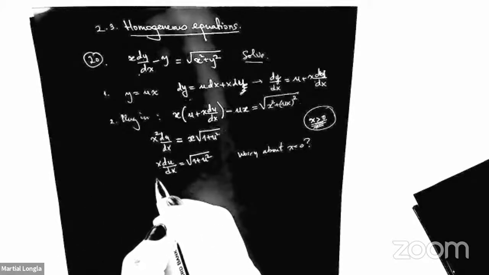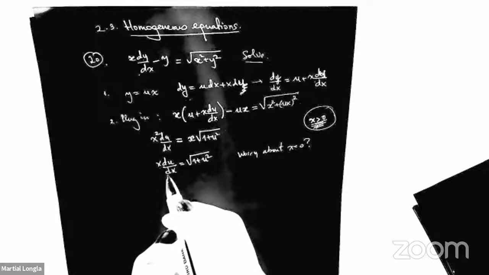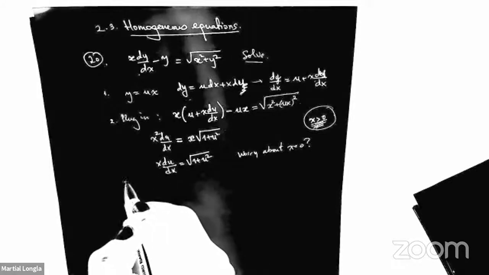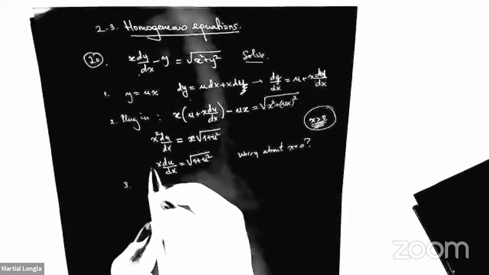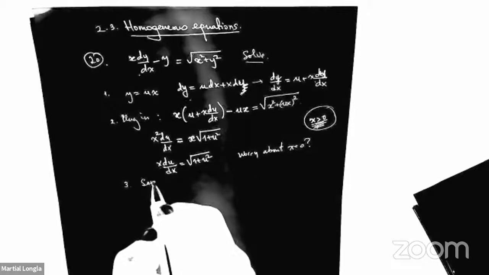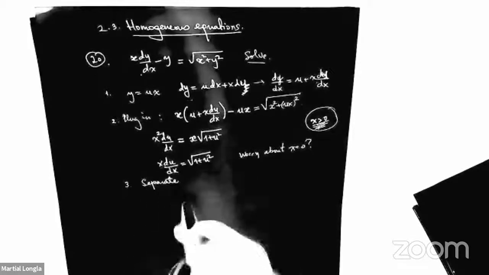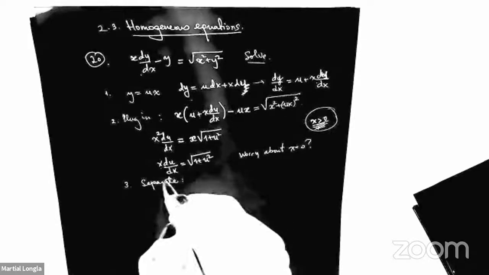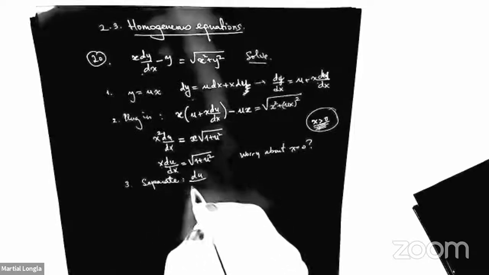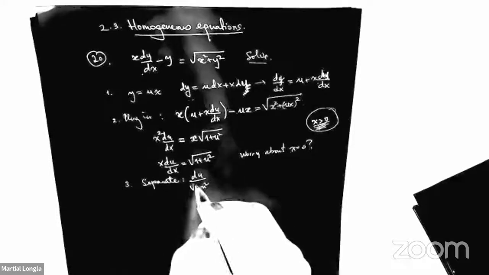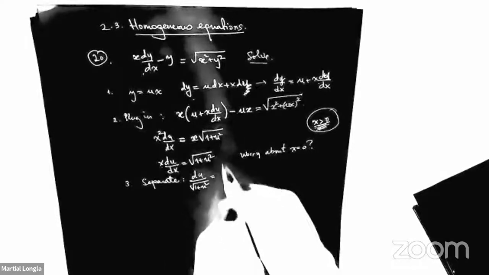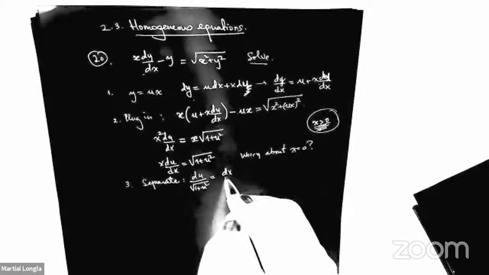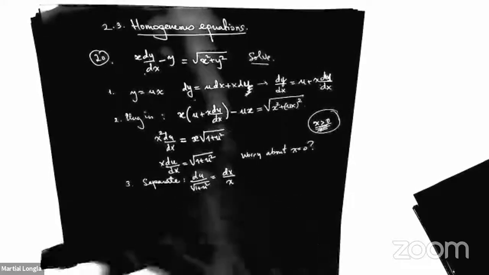Now, what do we do at this point? Separate the variables, because that becomes a separable equation. When you do that, this goes down. So that's du over the square root of 1 plus u squared equals, and then dx goes up, x goes down.